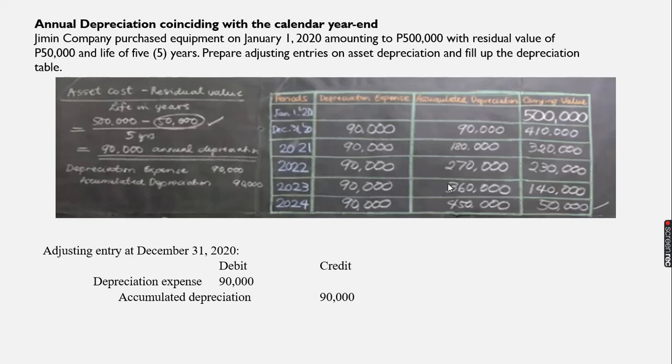I-multiply mo lang siya sa 4 years, kasi pang 4th year na niya, di ba? And then, pag sa December 31, 2024 naman, may depreciation expense ulit siya na 90,000, i-less natin sa 140,000, makukuha na lang natin, ang matitira na lang yung residual value o yung salvage value niya na sinabi dito, which is 50,000. Okay?